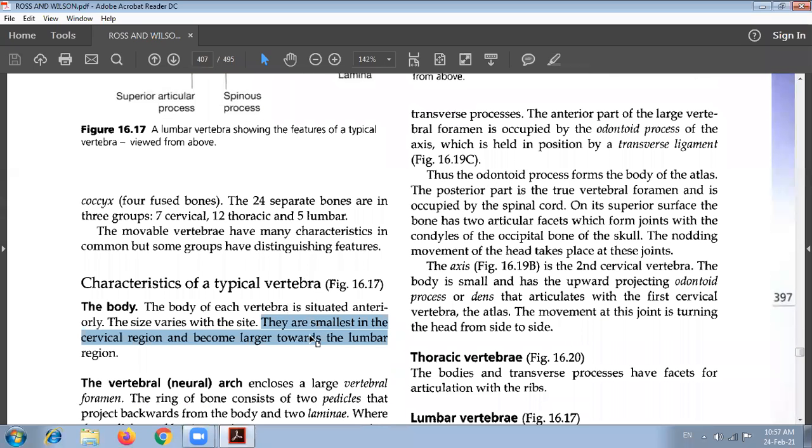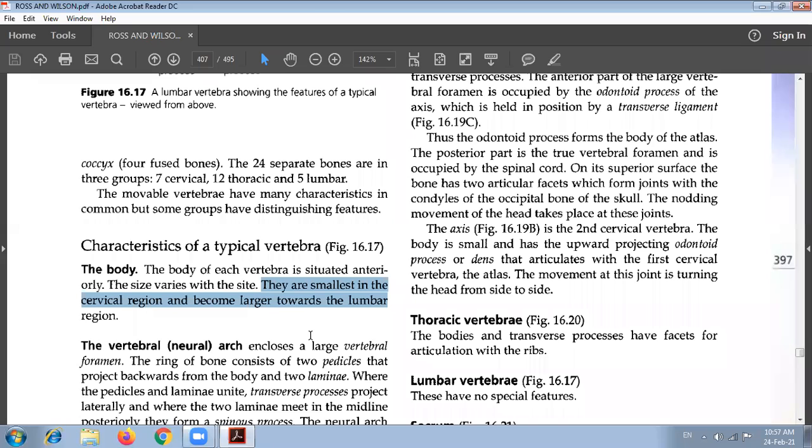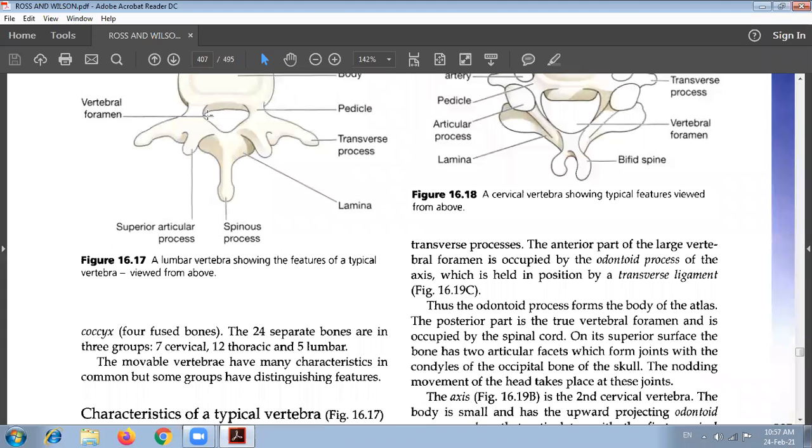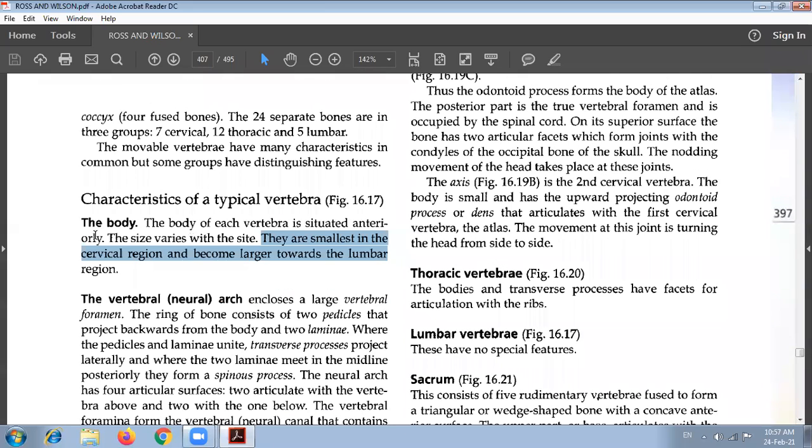So the next is the vertebral or neural arch that encloses a large vertebral foramen. So here you can see this has a vertebral foramen. This is the second part of our typical vertebra. The ring of bone consists of two pedicles that project backward from the body, and the two laminae.